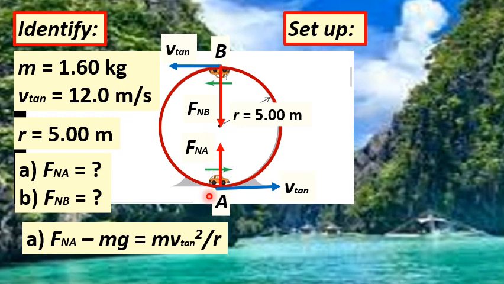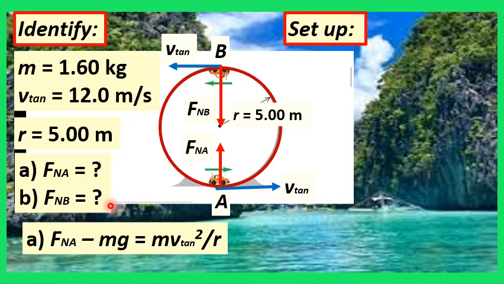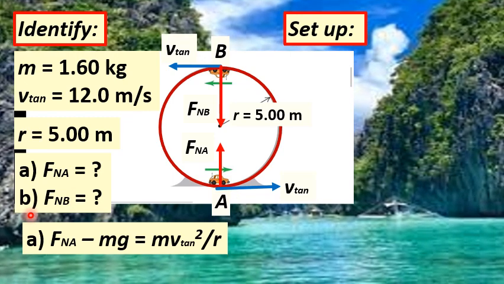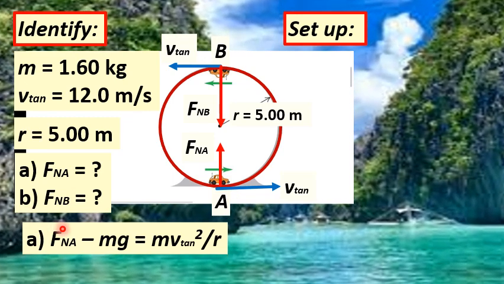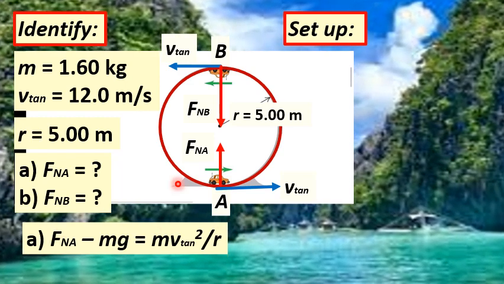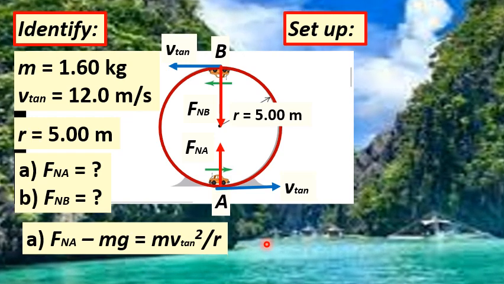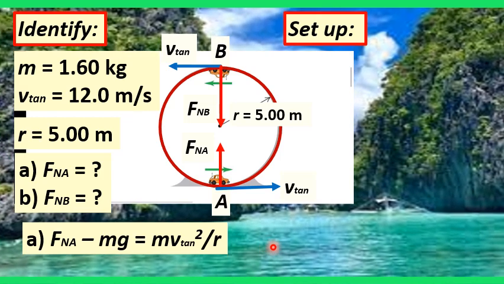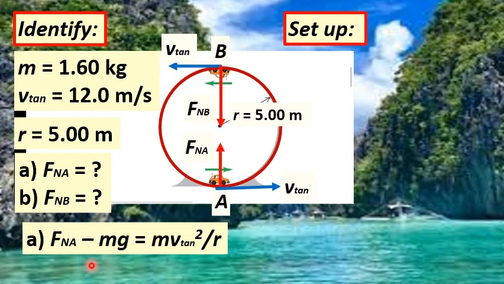And mathematically, we can label this net force as the vector sum of the normal force F sub NA and the gravitational force on the toy car, also known as the weight of the toy car. So the magnitude of this net force can be expressed in this equation.